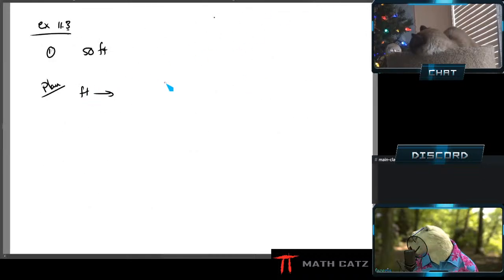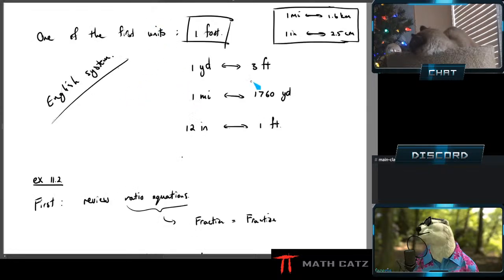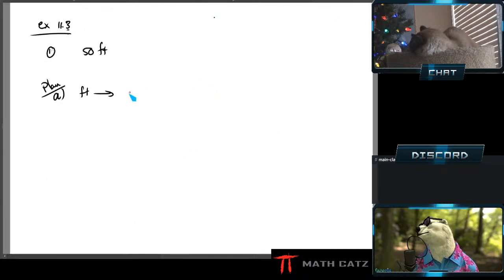Feet. I can go up to miles and then over to kilometers and then down to meters. Let's do plan A. Let's take feet up to miles. Can I do that? Well, I'm going to have to go via yards. So feet to yards, yards to miles, miles to kilometers, kilometers to meters, and I'll be done.